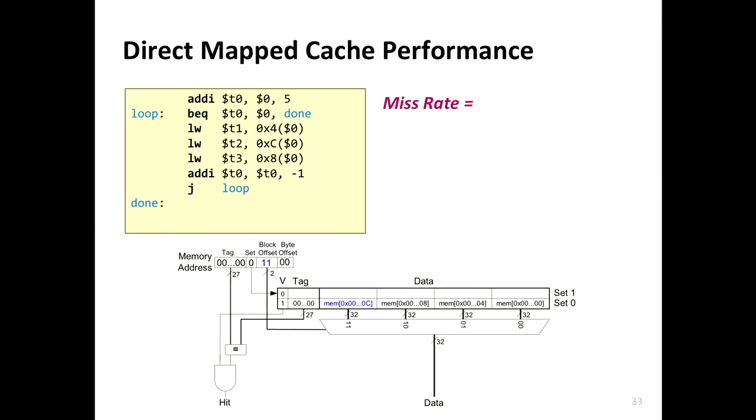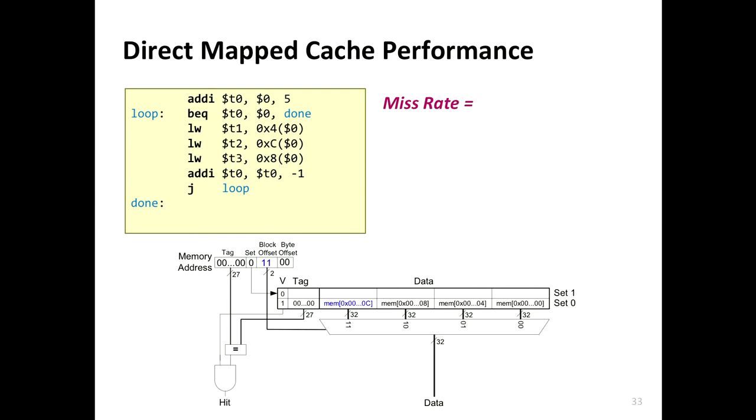So in this example, how do you actually improve the performance? Going back to this example of 5 iterations, 3 different reads from addresses.